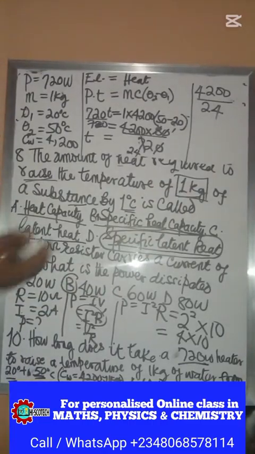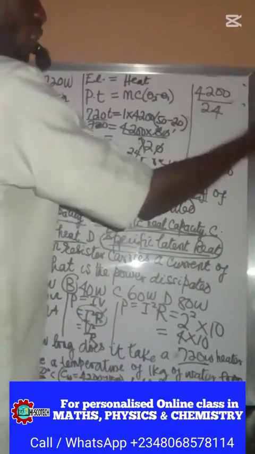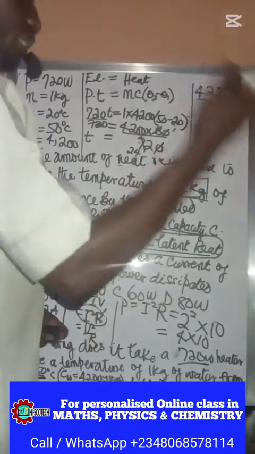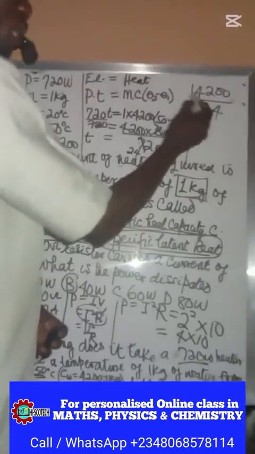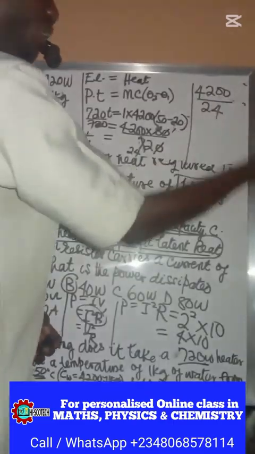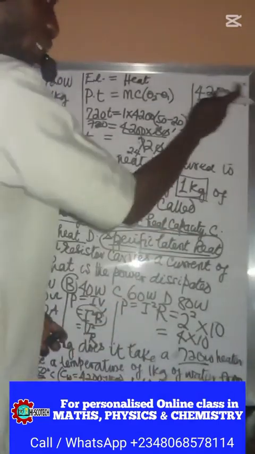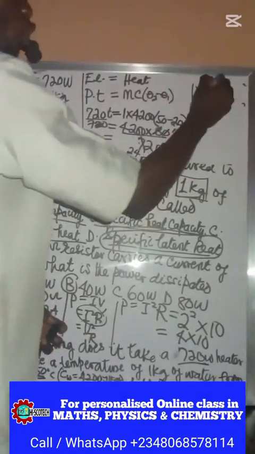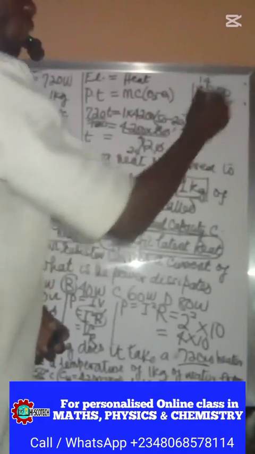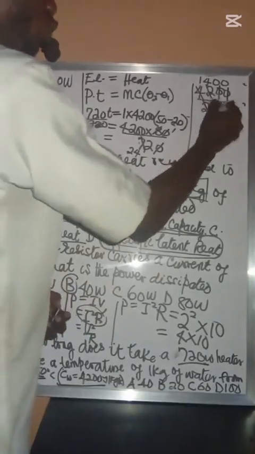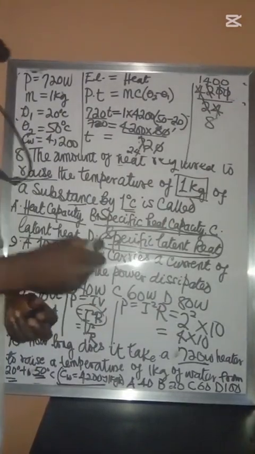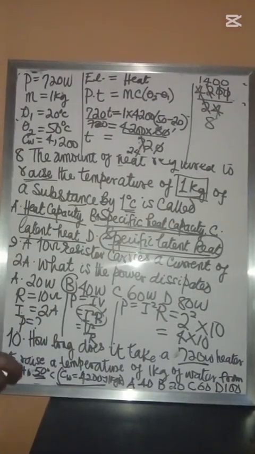What can go? 3 can go, because 2 plus 4 is 6, and of course 3 can divide 6, so 3 can divide 24. Now 4 plus 2 plus 0 plus 0 is 6, therefore 3 can divide this. So 3 in 4 is 1, remainder 1, 3 in 12 is 4, 3 in 0 is 0, 3 in 0 is 0. Now 3 in 24 is 8.